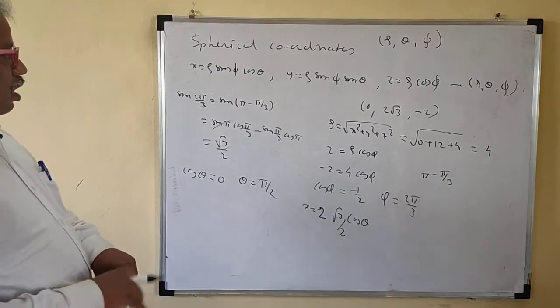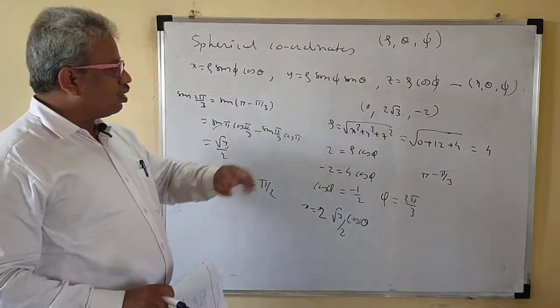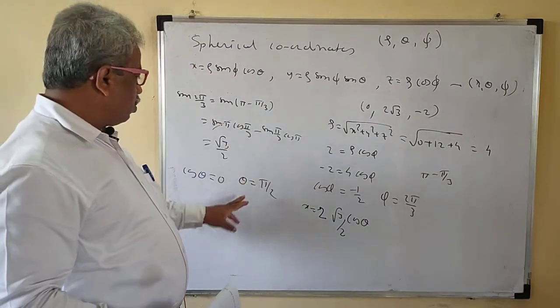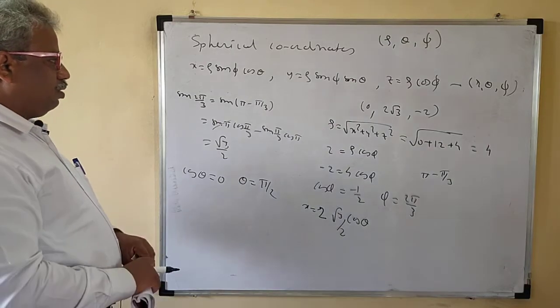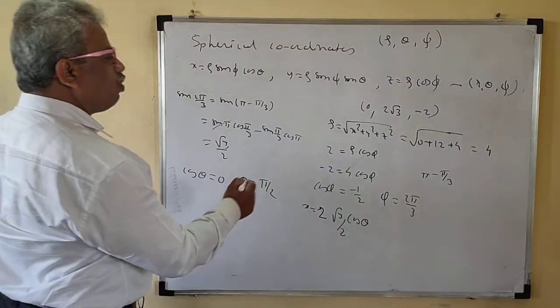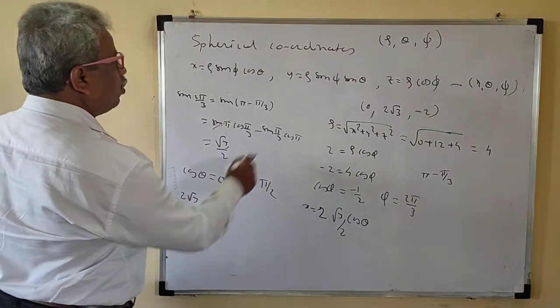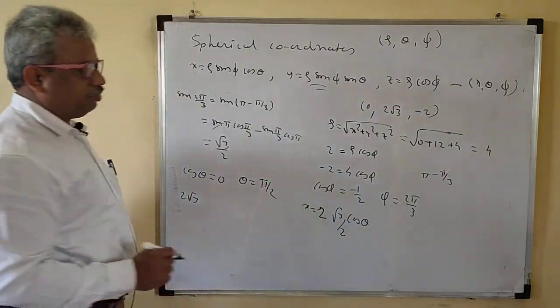You get this. So we will check whether this is correct or not. Sin pi by 2 is 1. So your y is 2 root 3. Whether we get 2 root 3 here or not.